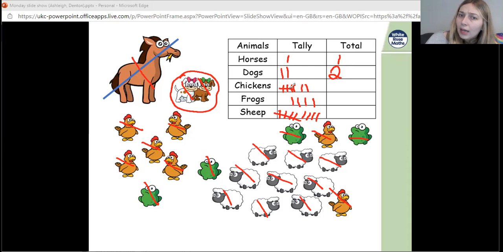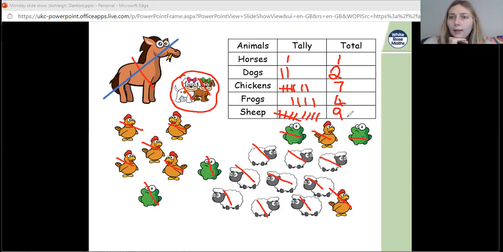I've got that special 5, 6, 7 tally marks. Frogs, 1, 2, 3, 4. And sheep, I've got 5, 6, 7, 8, 9 tally marks. Well done, good job.